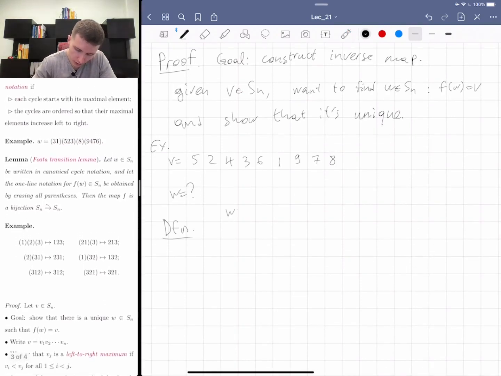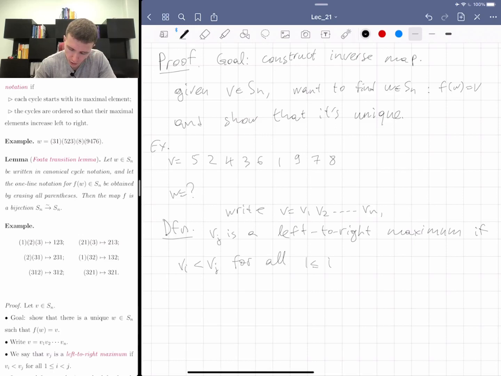If you write v in one line notation as v_1, v_2, all the way up to v_n, then we say that v_j is a left to right maximum if v_i is less than v_j for all i between 1 and j. In other words, it's a left to right maximum if it's bigger than all the elements before it. And such elements are also called records.